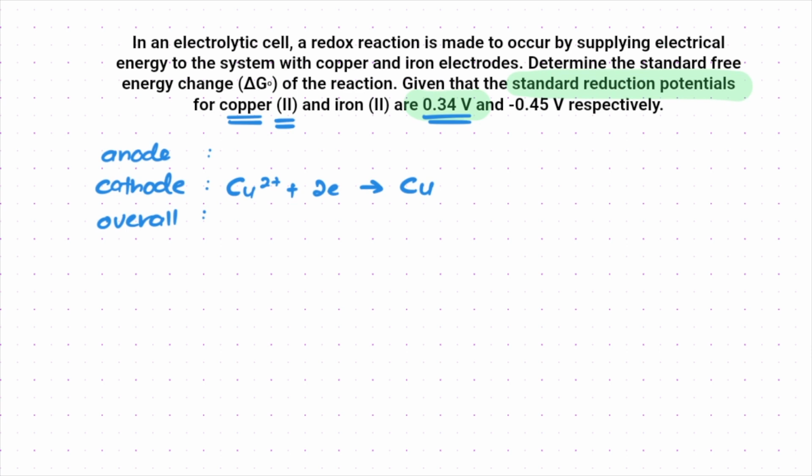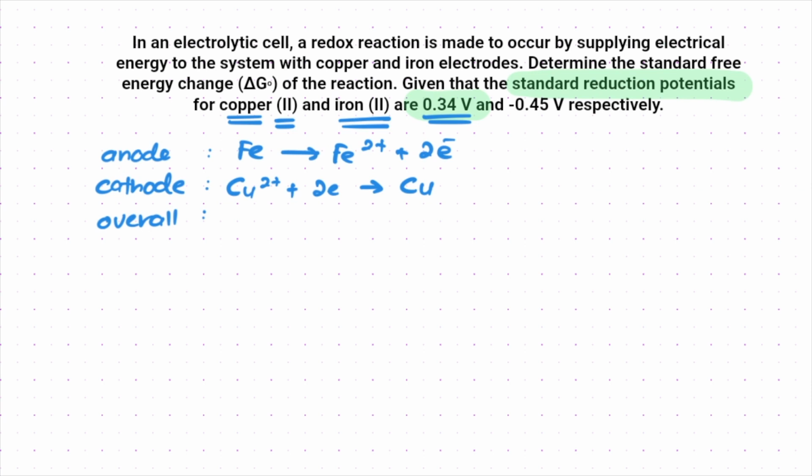Alright, so moving on to the next one, you have iron 2, but the iron 2 is going to be oxidized. So it means that the oxidation number shall increase. It shall start with iron, it's just iron, and then it will be iron 2, so you have 2 electrons over here.